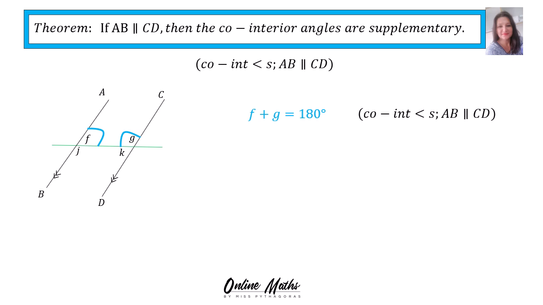Co-interior angles supplementary, since AB is parallel to CD. And then there's another pair of co-interior angles, and that is J plus K is equal to 180, and your reason, co-interior angles supplementary, since AB is parallel to CD.